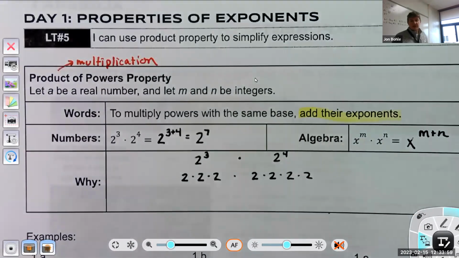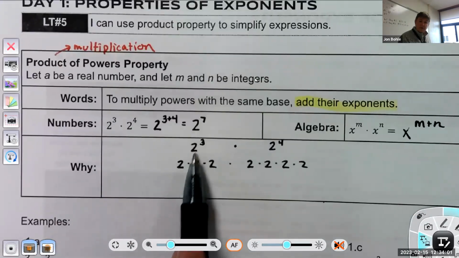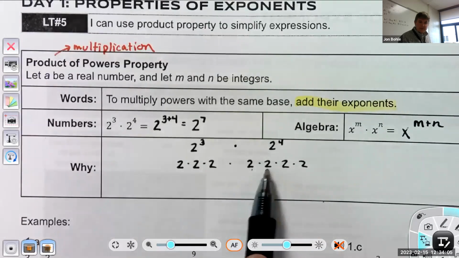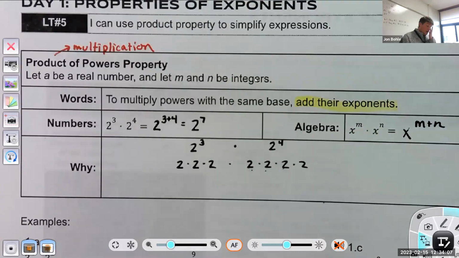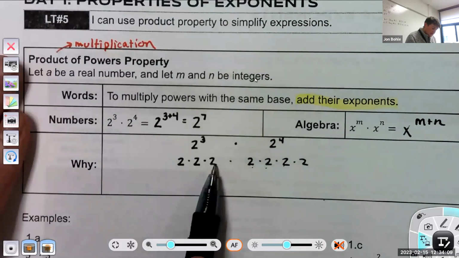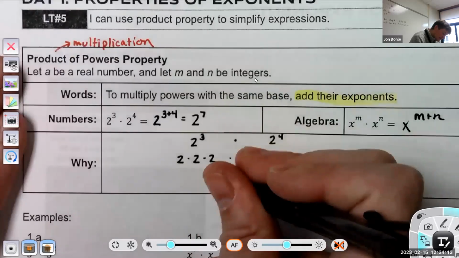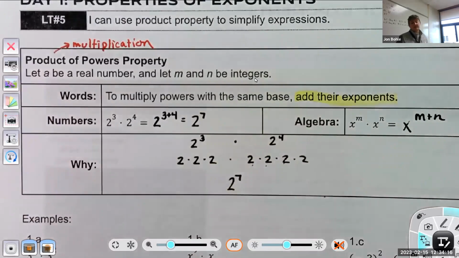That gets multiplied by each other. So I'm expanding 2 to the 3rd as 2 times 2 times 2, and 2 to the 4th as 2 times 2 times 2 times 2. And when I count all my 2's up, 1, 2, 3, 4, 5, 6, 7. 7 2's all multiplied by each other. That's exactly what 2 to the 7th is. So that's why that works.